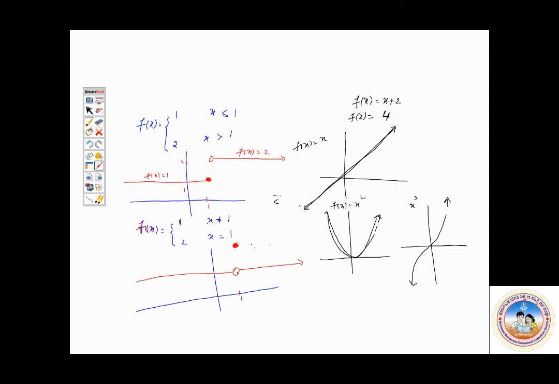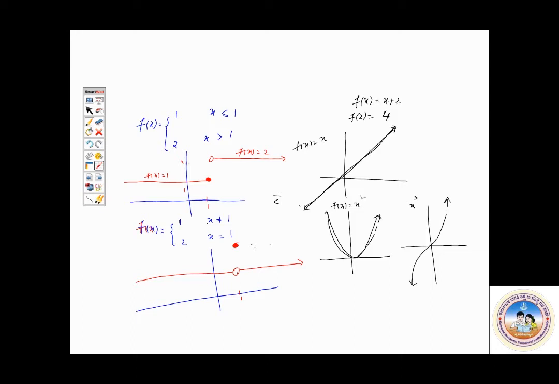So that means whenever there is a break like this, we say that the function is discontinuous at that point. Here the function is continuous everywhere. Whereas in these two cases, the function is discontinuous at x equals 1.